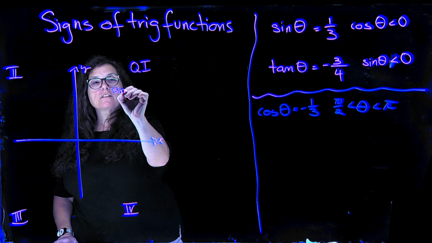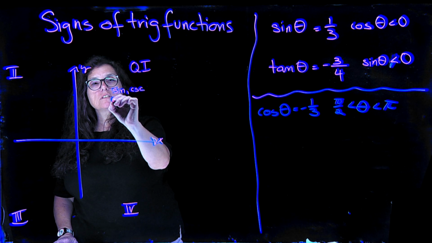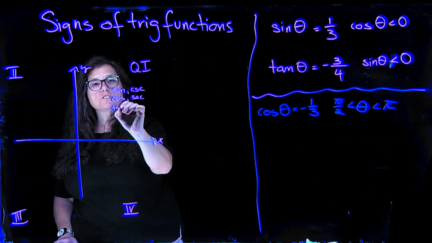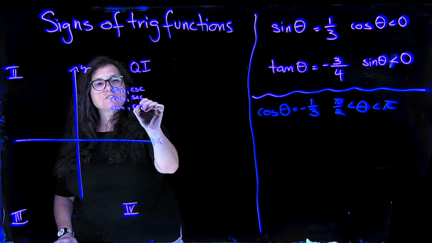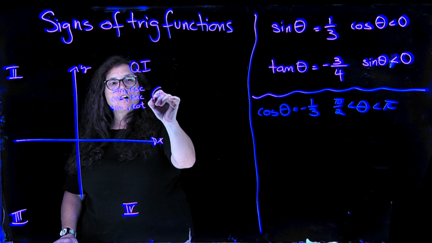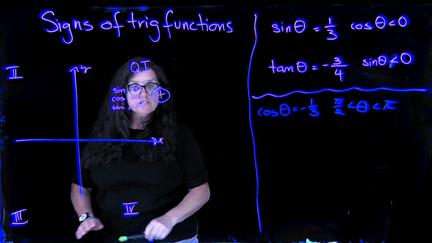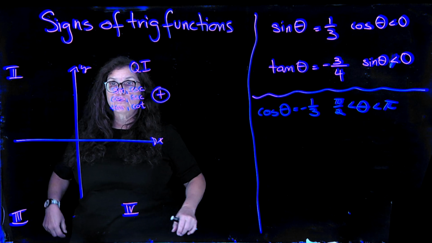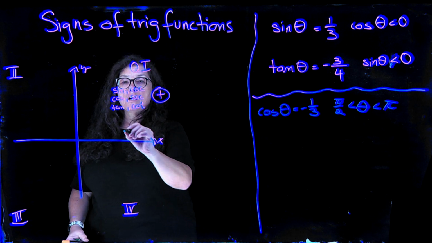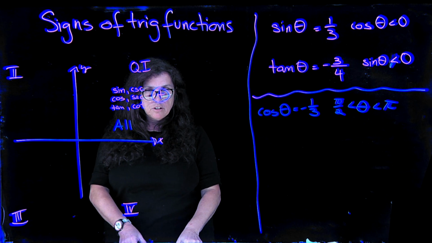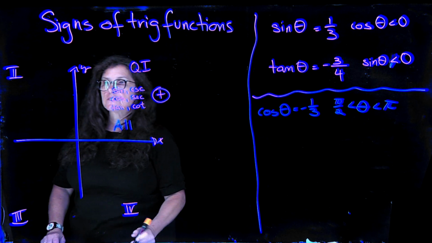So the sine, the cosecant, the cosine, the secant, the tangent, and the cotangent, let me write it like this, they are all positive. So all 6 trig functions, if we had to evaluate them in quadrant 1, are positive. And I'm going to write "all" here for a reason. I'll tell you in a second.